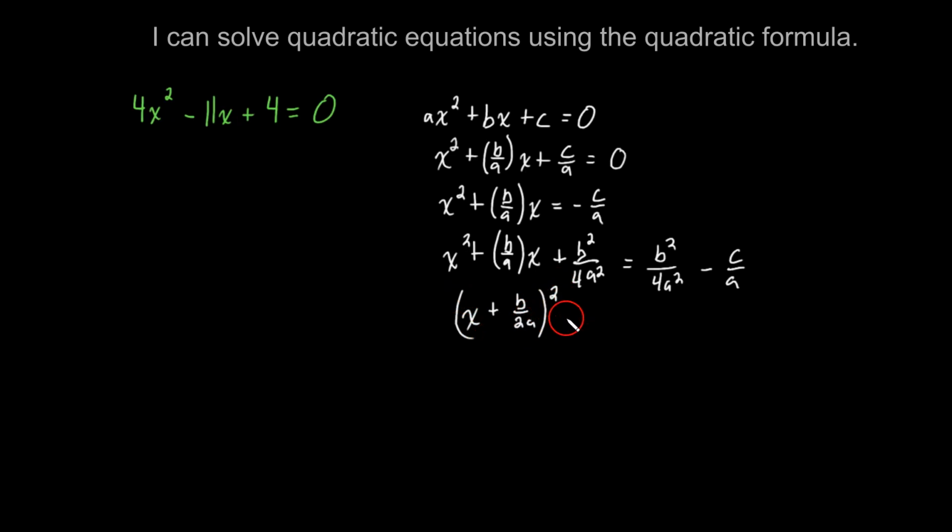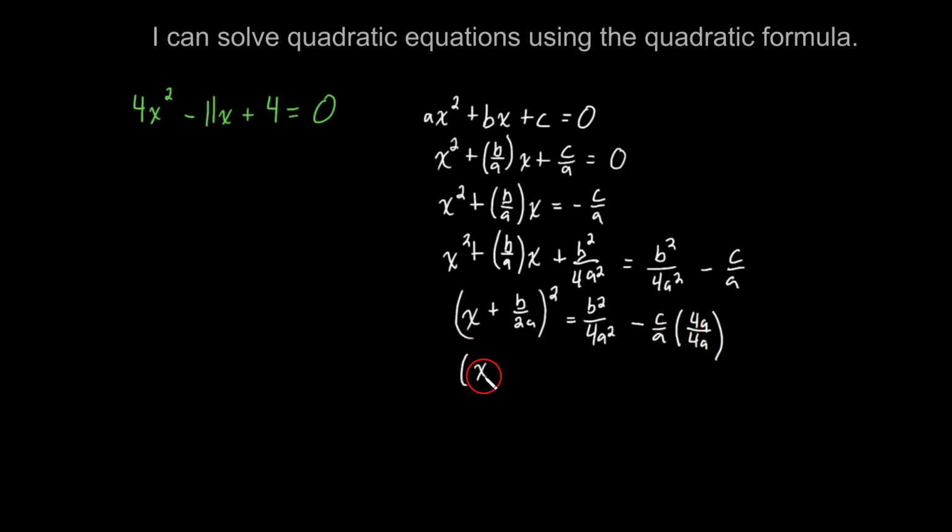So equals, and let's just keep the right side the same for now, b squared over 4a squared minus c over a. And now let's find a common denominator on the right side. We need this to be 4a squared on the bottom, so I need to multiply this by 4a over 4a.